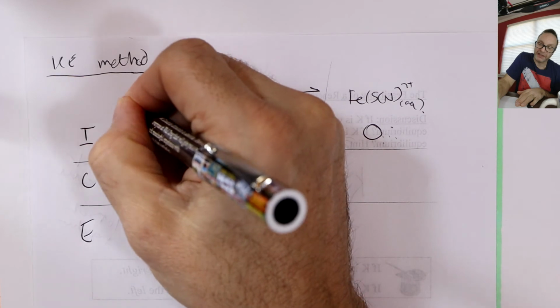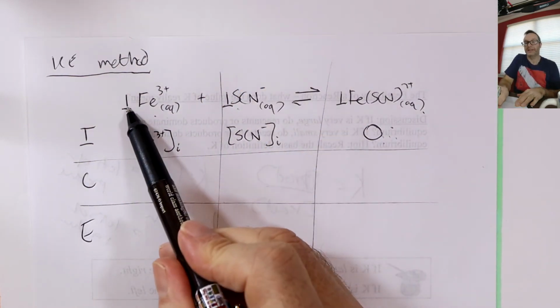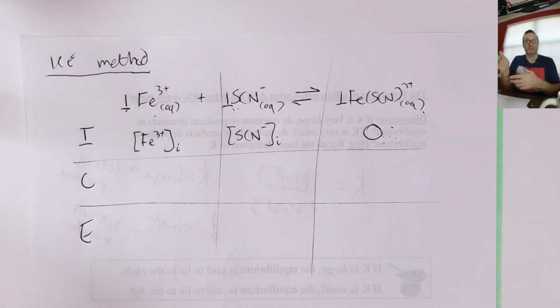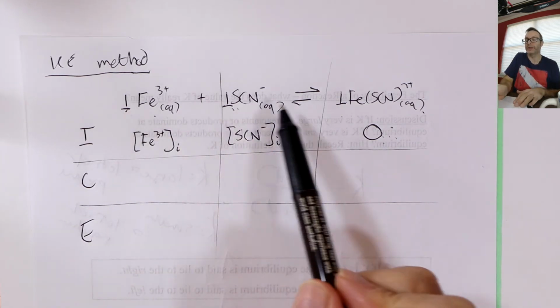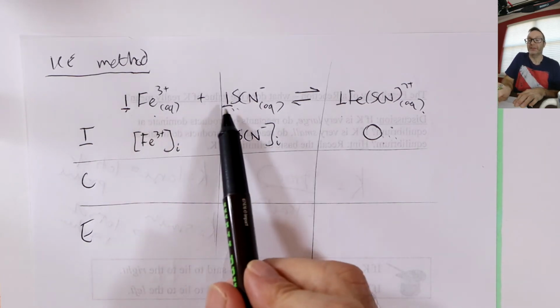All right, now the fun stuff, right? Now I'm going to kind of exaggerate. One of these reacts with one of these to make one of these. We don't know how much out of that, whatever concentration is going to react, but we do know the ratio. 1 reacts with 1 to make 1. I don't know the number. What do you do in math when you don't know the number? X, right? Now, these are reactants, so they're going to disappear.